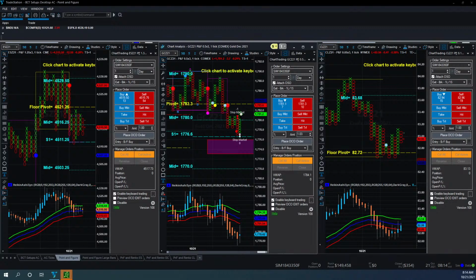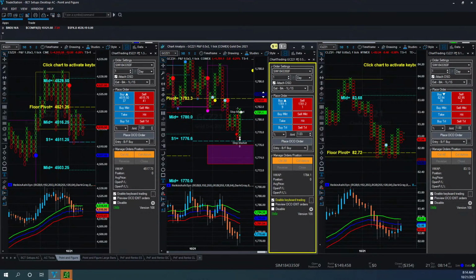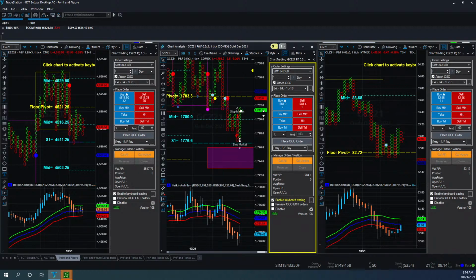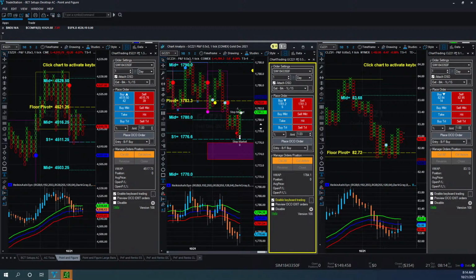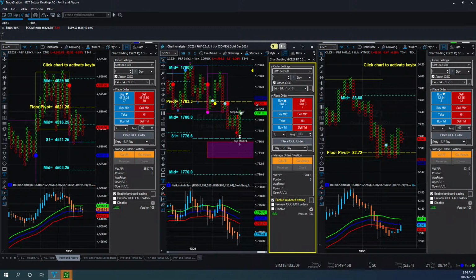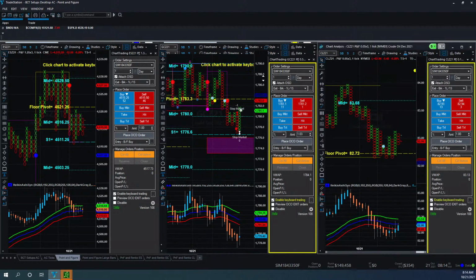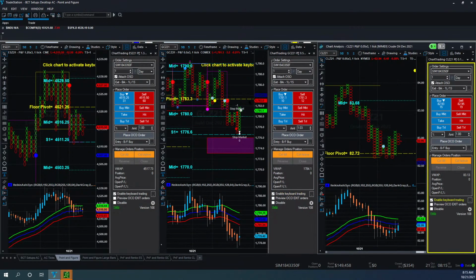Now we did have an entry right here, right, to go long instead of short as we tried, but we're too close to news. And now in the Renko, we are right up at the 200 moving average.